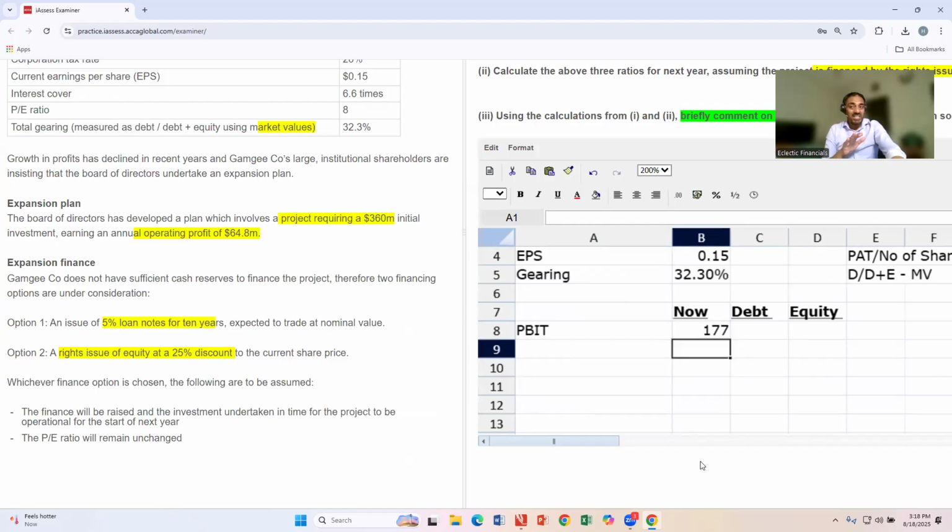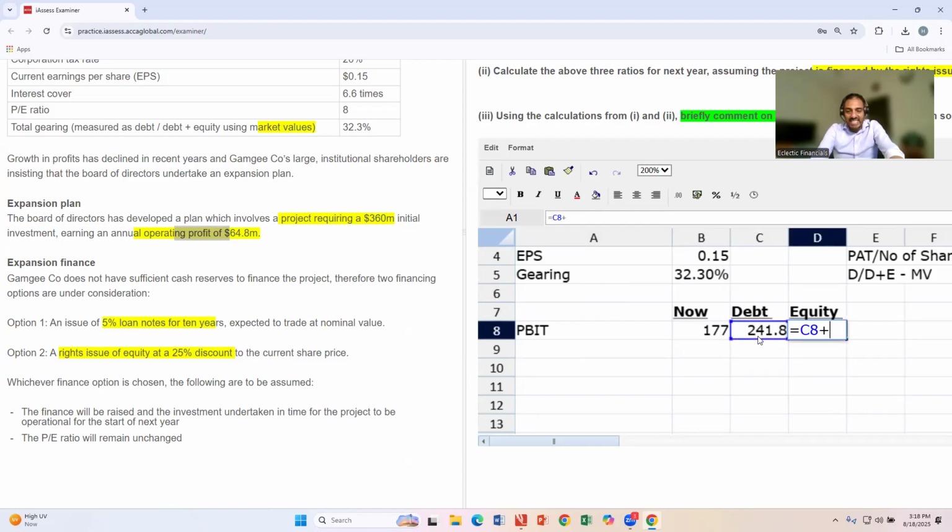Not change means that it will move in the same manner. Here it says operating profit is 64.8, that's earned from the new investment adding 360 million, and the earnings will increase by 64.8. So either debt finance or equity finance, that will remain the same.